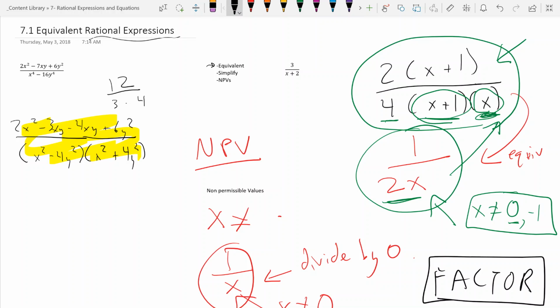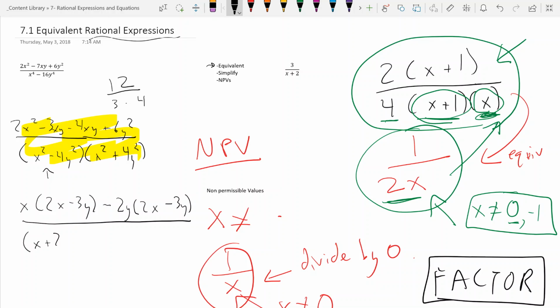So on the numerator, I'm going to common factor, so I got just an x, 2x minus 3y, and at the top I have negative 2y, gives me 2x minus 3y. On the denominator, this is now a difference of squares as well, x plus 2y, x minus 2y, x squared plus 4y squared.